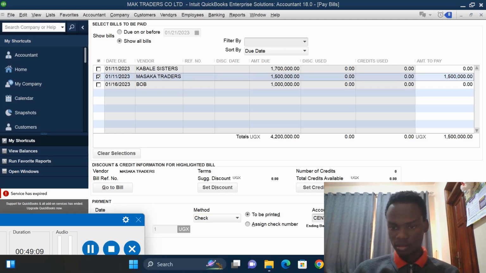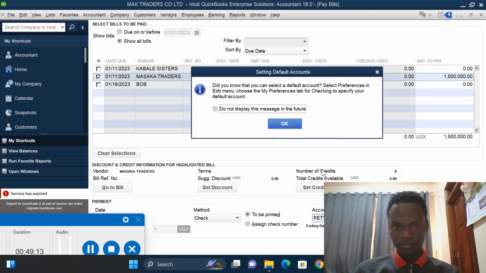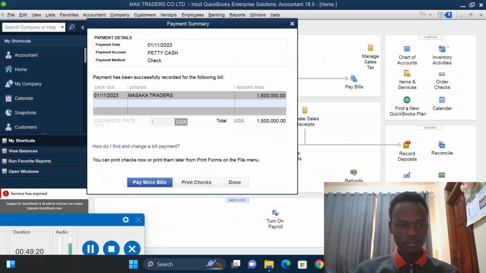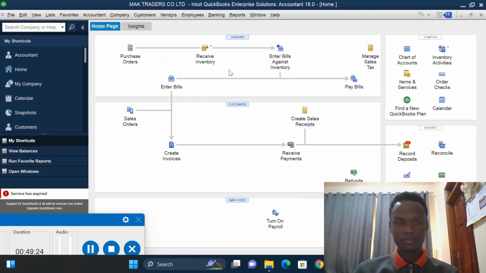So we shall look for petty cash down here. And we shall pay bill. We're done. So the following says clear the following expenses by check.